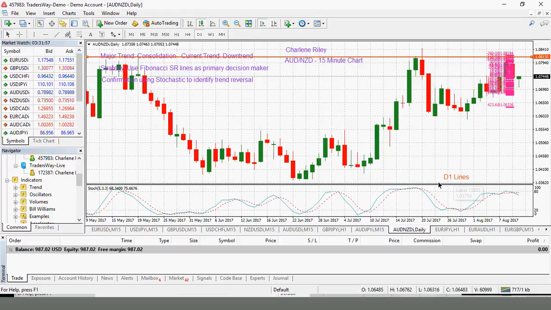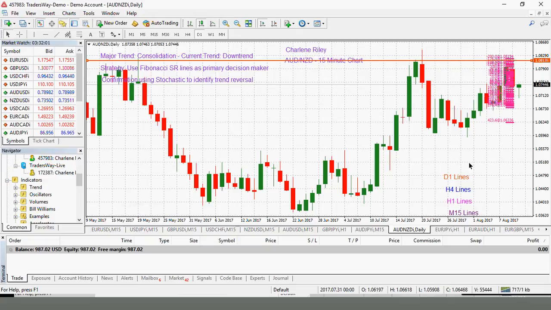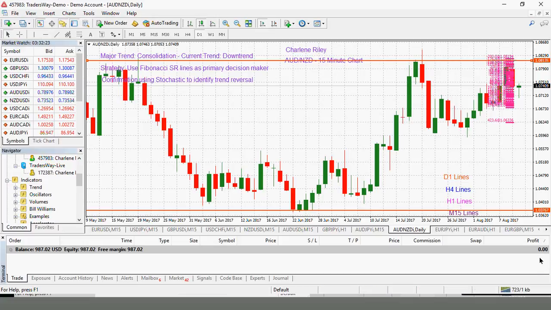The lines that I plot from the daily chart are this orange color. So that's the high, and this is the low.